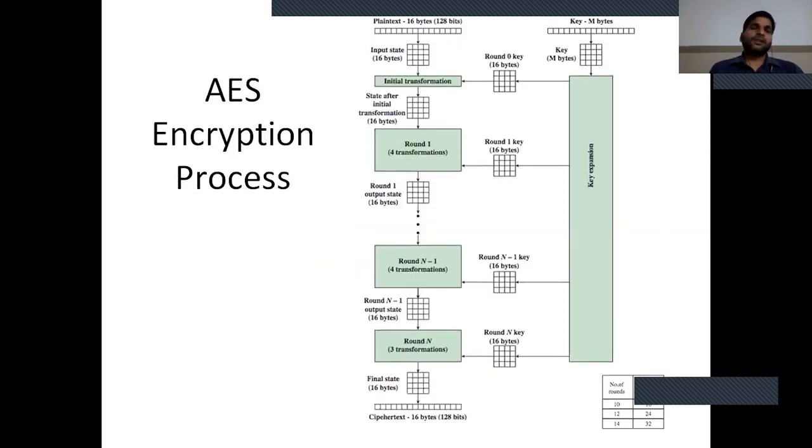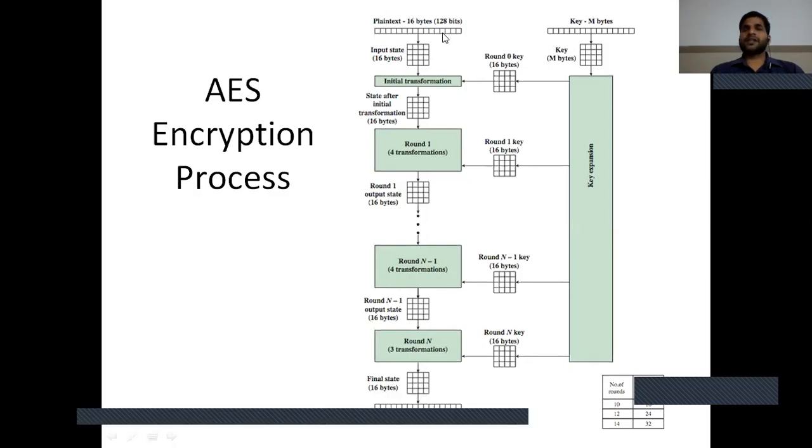So this is the AES encryption process. The plaintext is divided into blocks of 16 bytes.